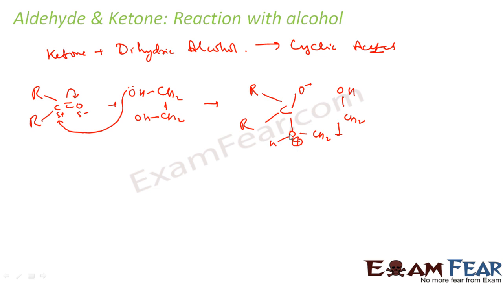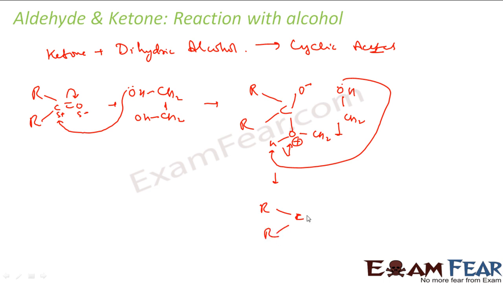Since this oxygen is electronegative, it doesn't want positive charge, so hydrogen will say, okay, I'll go away from here, and this H plus will go and this positive charge will also go. So with this, it will be neutral. And now this H plus will attack this lone pair of electrons.